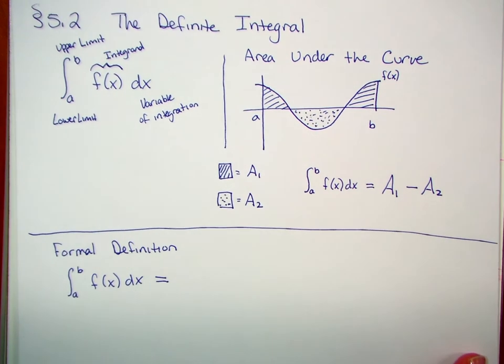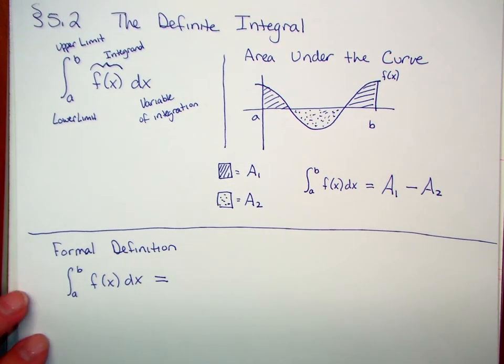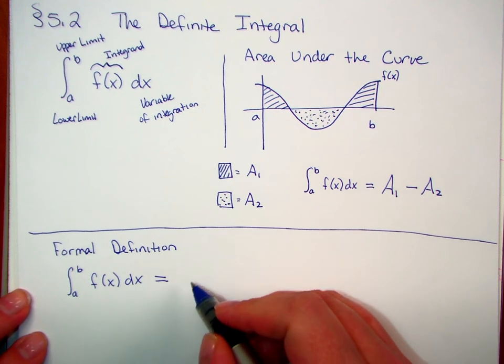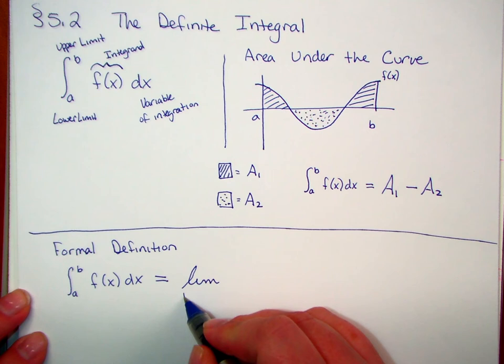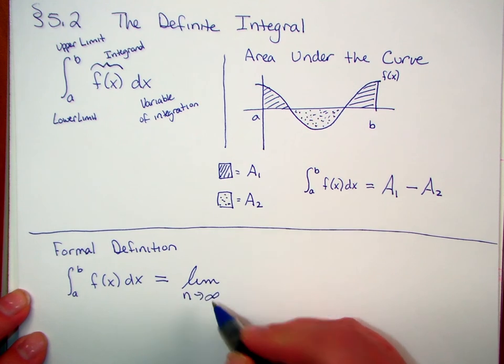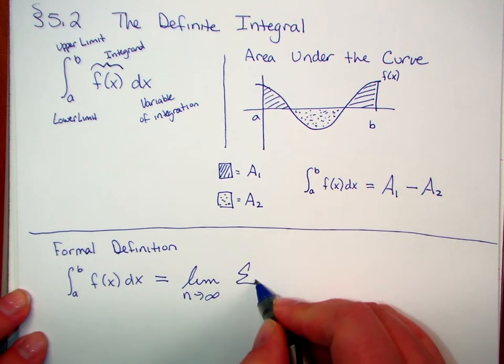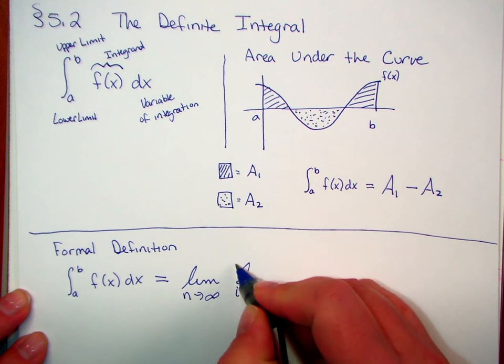We would use 4 rectangles or 6 rectangles, but the more rectangles we use, the better. So what we're going to do is use an infinite number of rectangles. The formal definition is the limit as n goes to infinity of an infinite sum, i equals 1 to n.